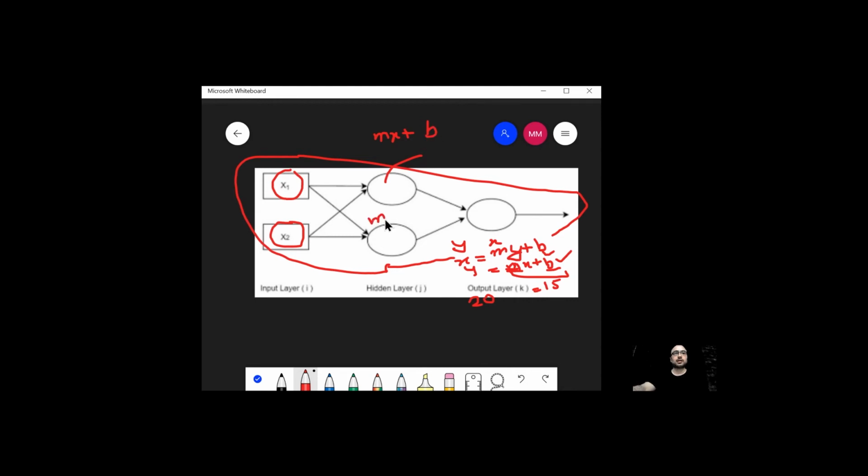This is another operation, right? The combination of these two nodes is getting saved here. This is the output, the final output. You can call it y. All of these calculations occur in this space.